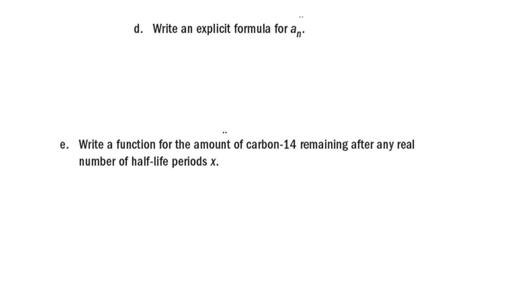A couple more questions. We can write an explicit formula for this. We have the recursive formula here, A sub 0 is 100. And then here's our A sub n equals A sub n minus 1 times 0.5 for integers that are greater than or equal to 1. From this, we can write the explicit formula because we have the initial value, 100, and the decay factor of 0.5.